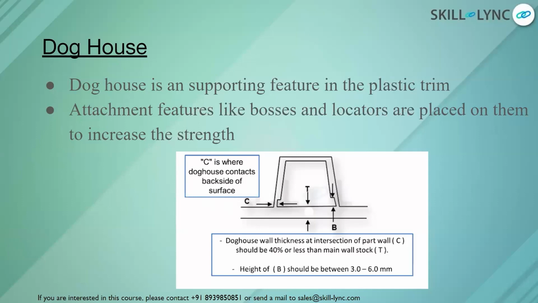Why that is provided is basically to avoid any plastic defects. Whenever the molten material enters this area to take the shape of this particular doghouse, there is more chance that all the material goes to that area, and then on the top side or the class A side a void area is generated.